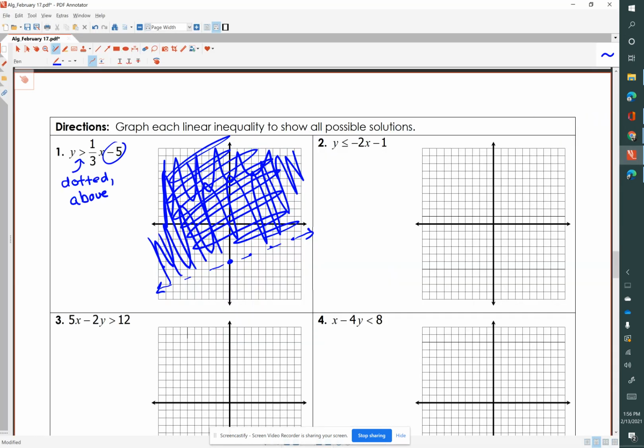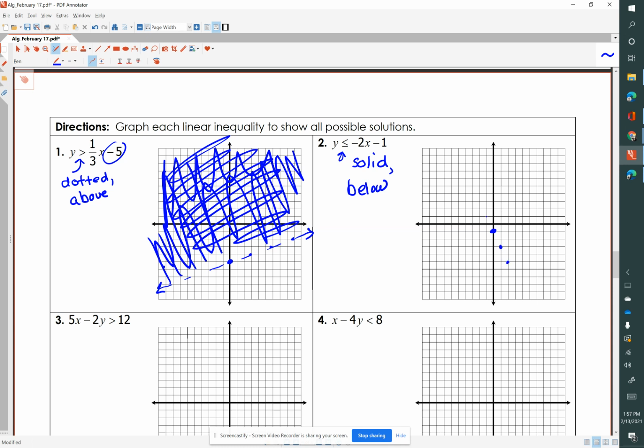So let's look at number 2. We have less than or equal to, which tells us we will be working with a solid line because of the equal to symbol, and we will shade below the line. So let's graph that. We have a y-intercept of -1 and a slope of -2, which is a rise of -2 over 1.